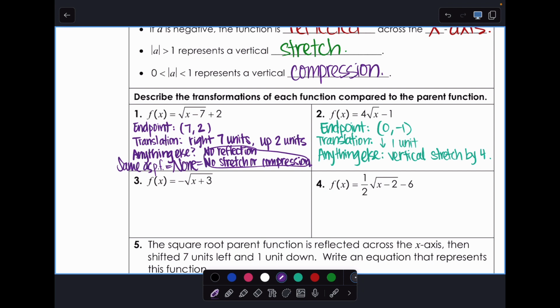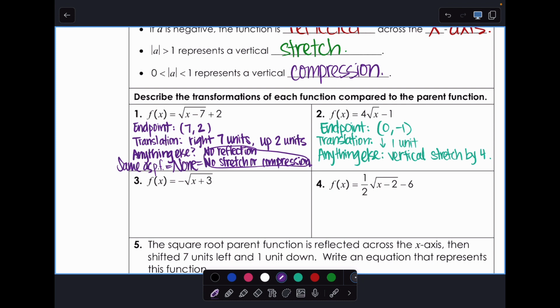No reflection, no stretch or compression. Any of these 3 options are possible for anything else that you want to state. Don't leave it blank, so I don't assume that you are completely ignoring it or missed it. That would be an incomplete if you leave it blank.